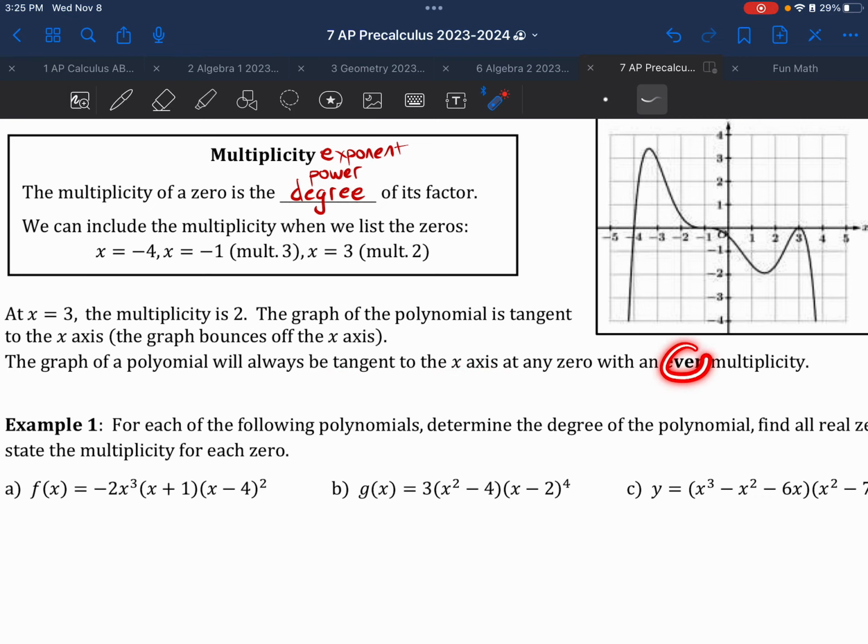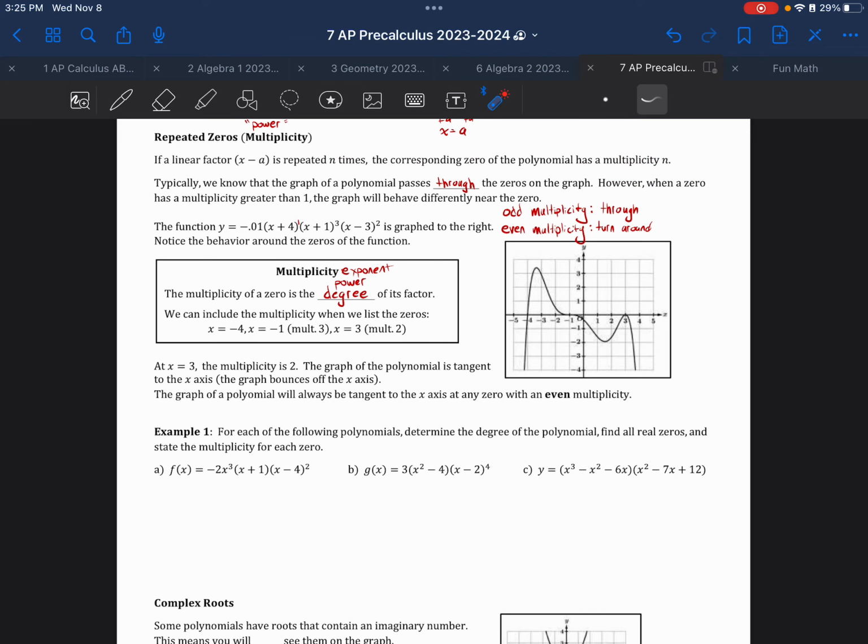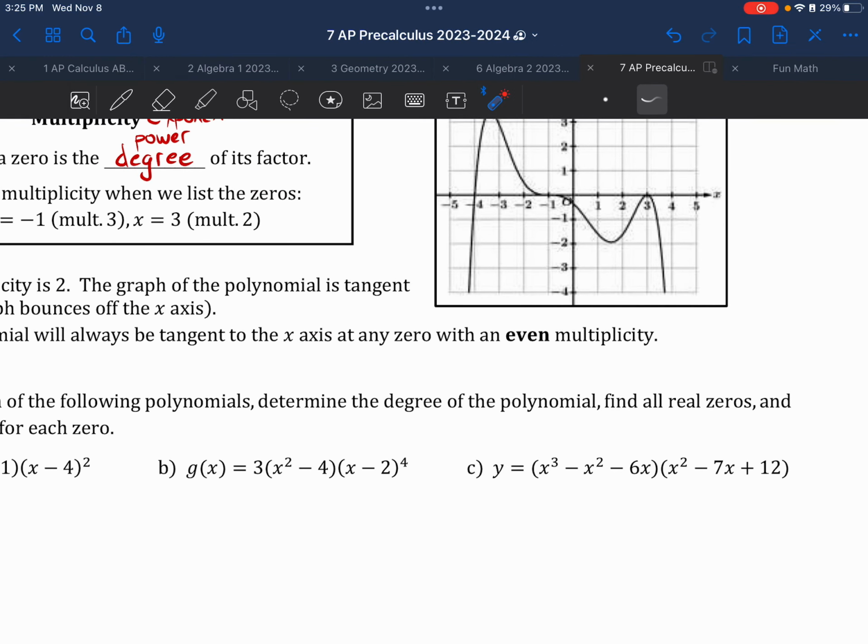That's a rule you can determine from this: whenever you have an even multiplicity, we turn around. If we turn around, we have to have a slope of 0, so we have a tangent to the x-axis. This is a very fancy way of saying that the slope is equal to 0.